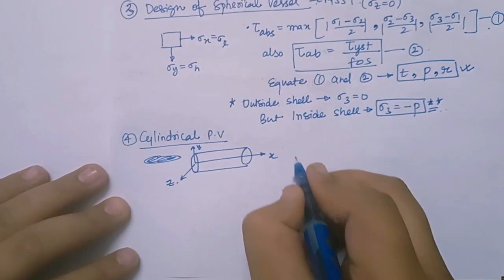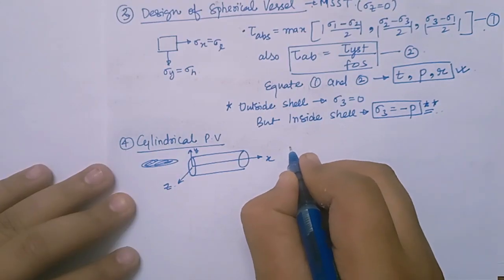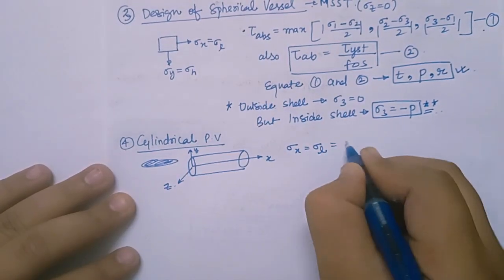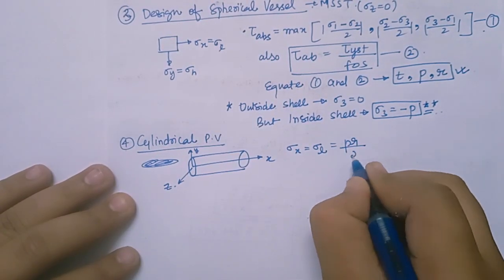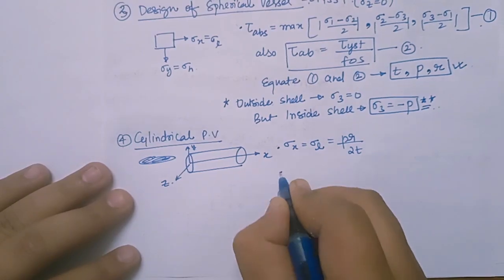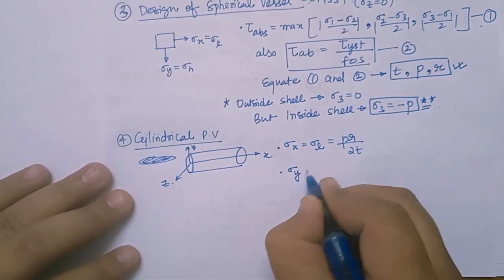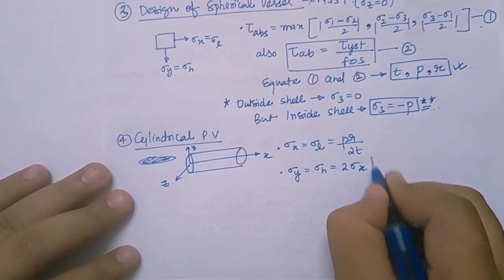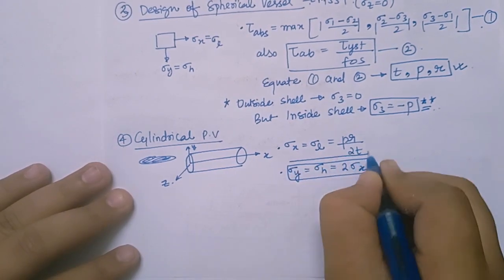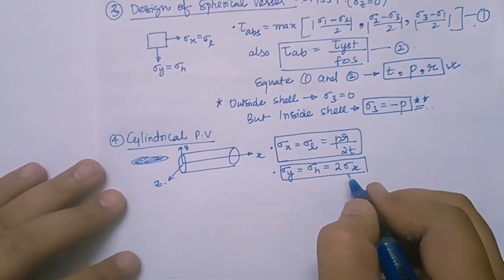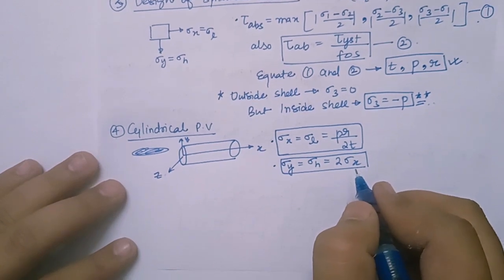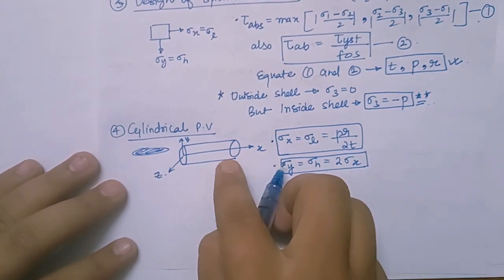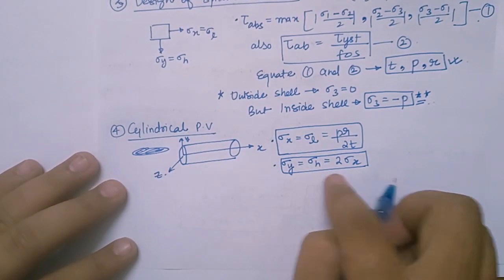If I want longitudinal stress, sigma x, longitudinal is the same, PR by 2t. And if I want hoop stress, that is sigma y, the hoop will be 2 times sigma x. So that's why the sphere is weak in lateral direction, because the hoop stress is very high.